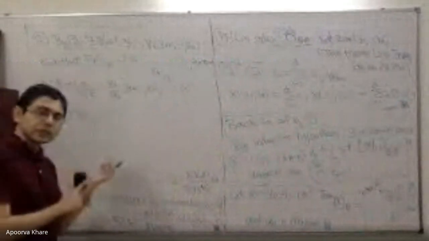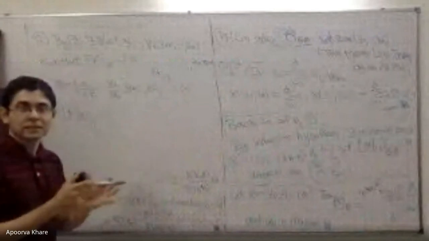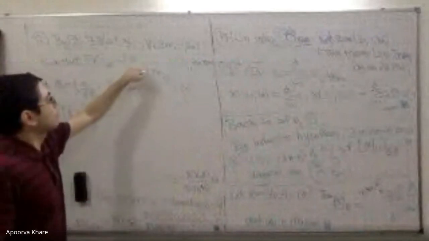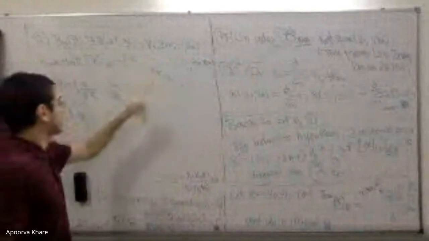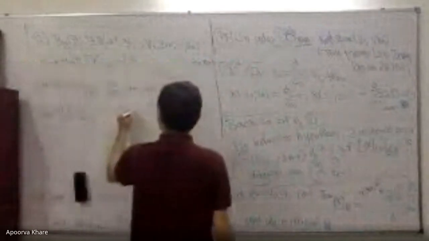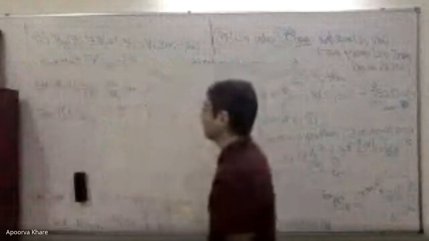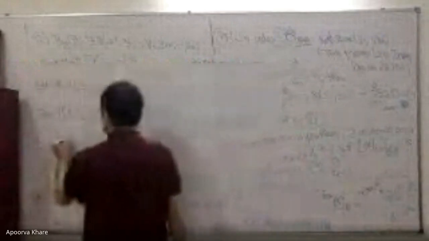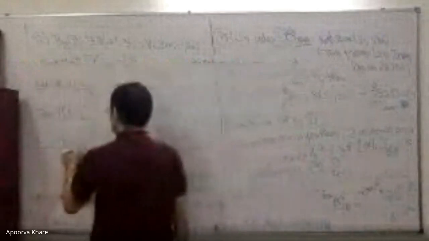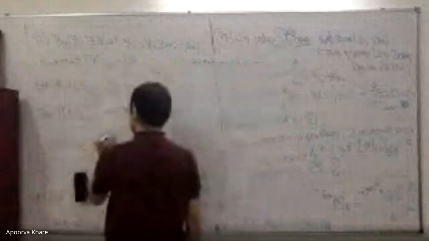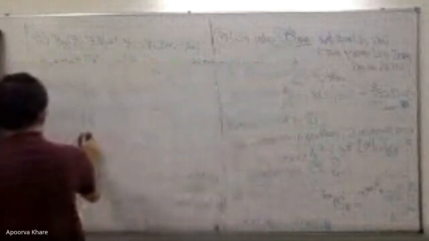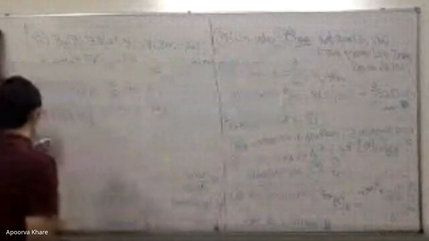So the scalars come out, and the remaining inside is kappa of vi comma vj. But kappa of vi comma vj is 0 because this is a diagonal matrix. Okay. And what about kappa ii, the diagonal entries? Maybe I'll just do it this way.